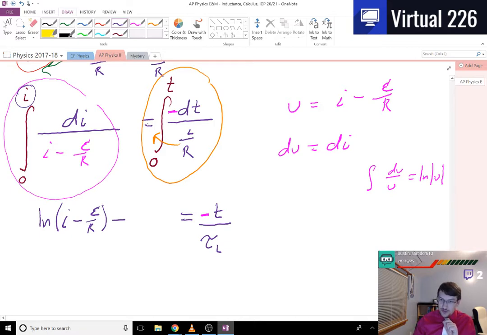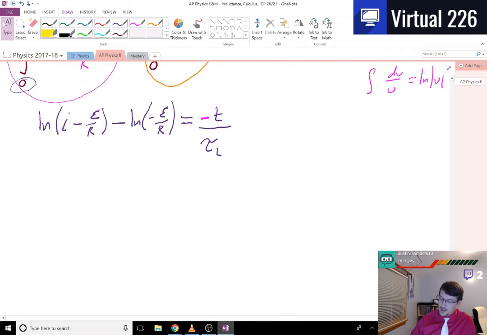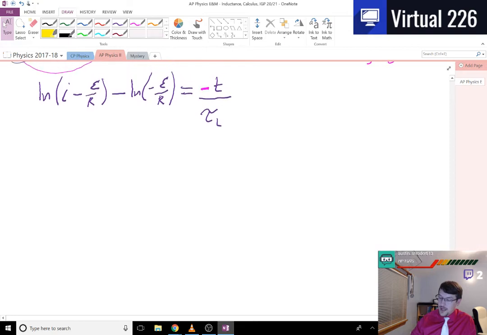Our lower bound here is when I equals 0. If I equals 0 there, then we're going to have here the natural log of negative epsilon over R. And you've done it. That is what it is.